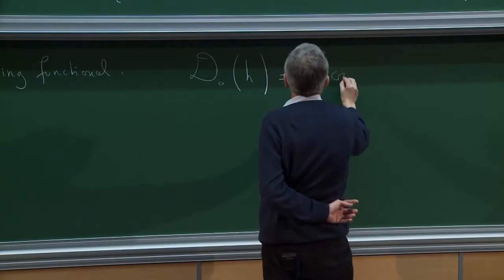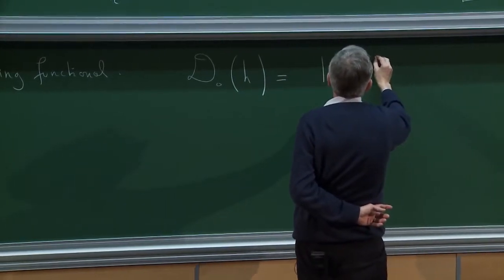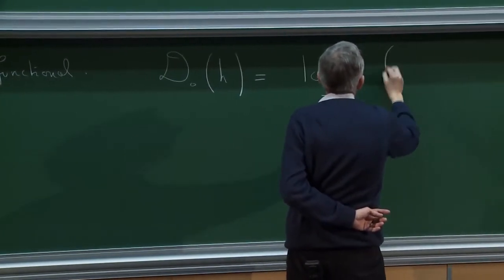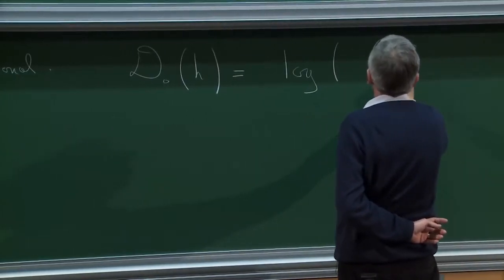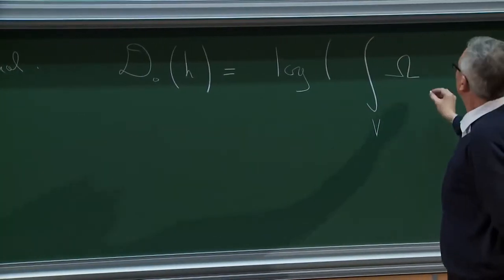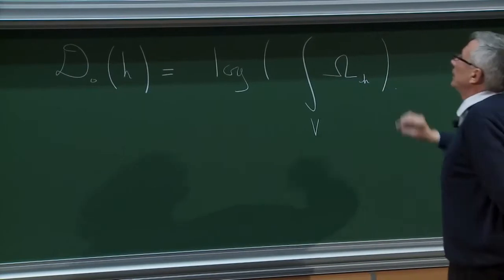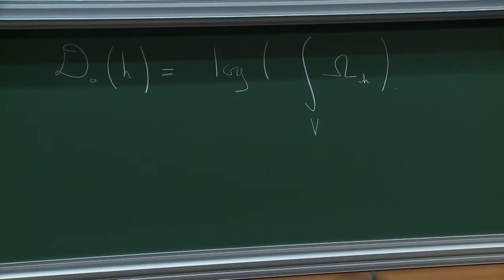This is just the logarithm of the integral over V of this form omega h. So it's a very simple thing.